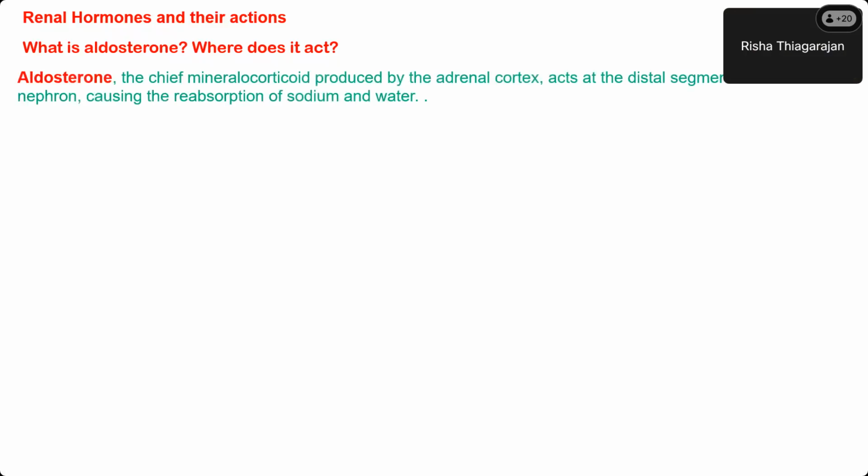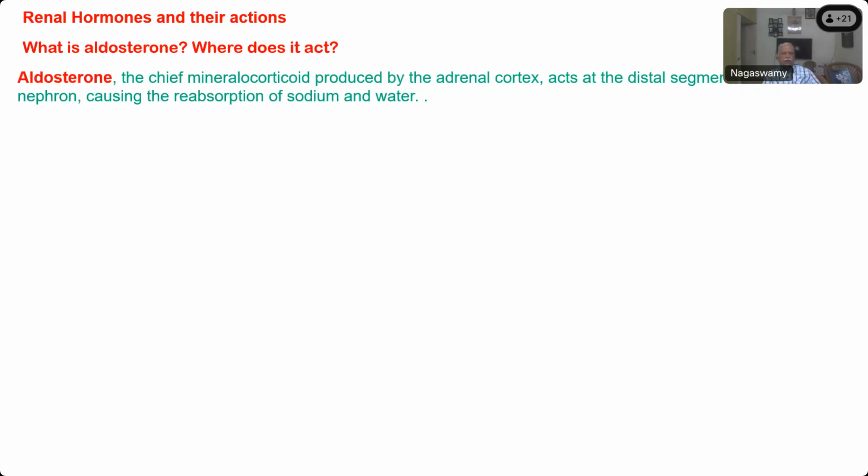So first thing we have to know is aldosterone. What is aldosterone and where does it act? Usually it acts in the collecting tubule. First, what is aldosterone? It's a mineralocorticoid, a corticoid secreted by the zona glomerulosa of the adrenal cortex. The chief mineralocorticoid produced by the adrenal cortex acts at the distal segment of the nephron, causing reabsorption of sodium and water.